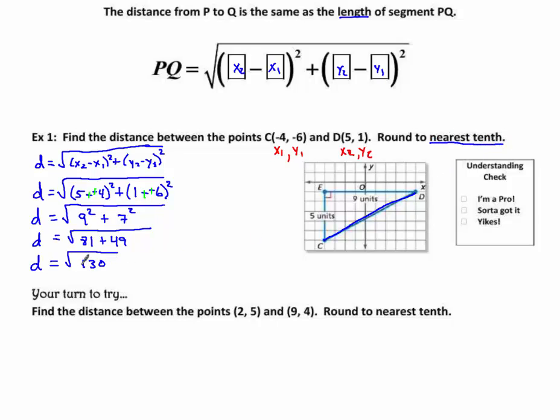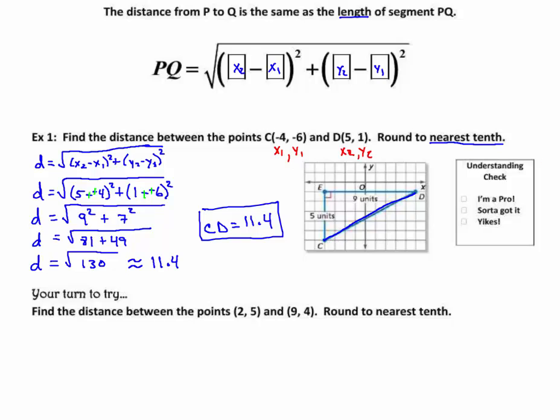So we need to use our calculator and figure out that d equals the square root of 130. The square root of 130 is approximately equal to, this is from the calculator, 11.4. So for our problem here, our final answer, we would write CD, so the distance from C to D, equals 11.4.